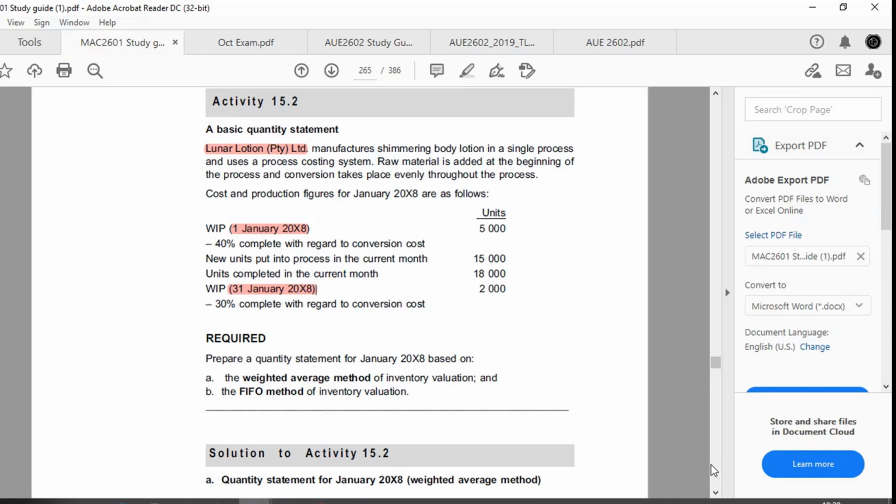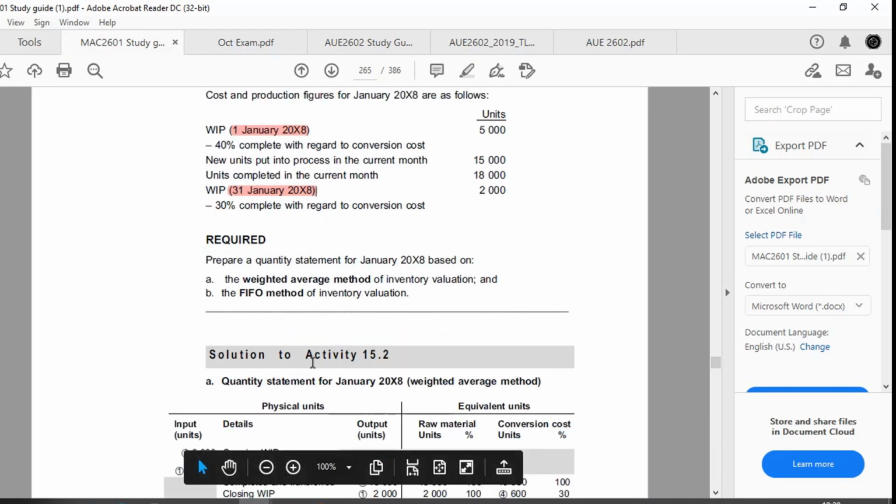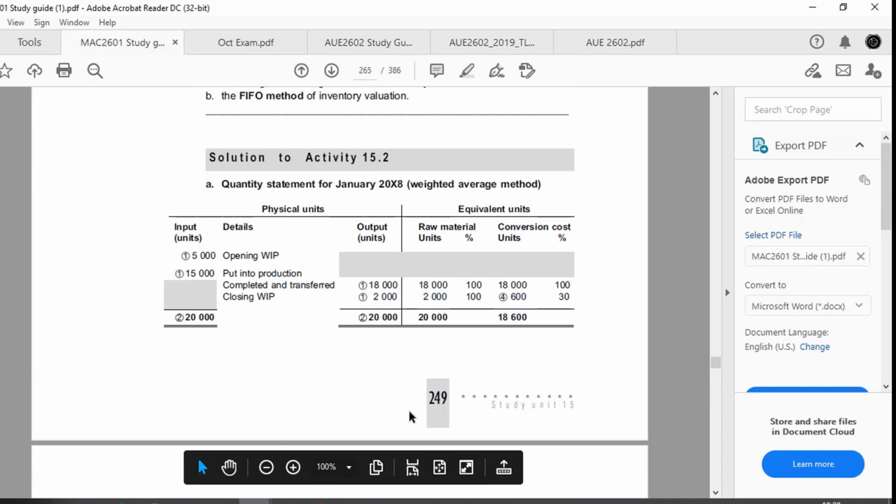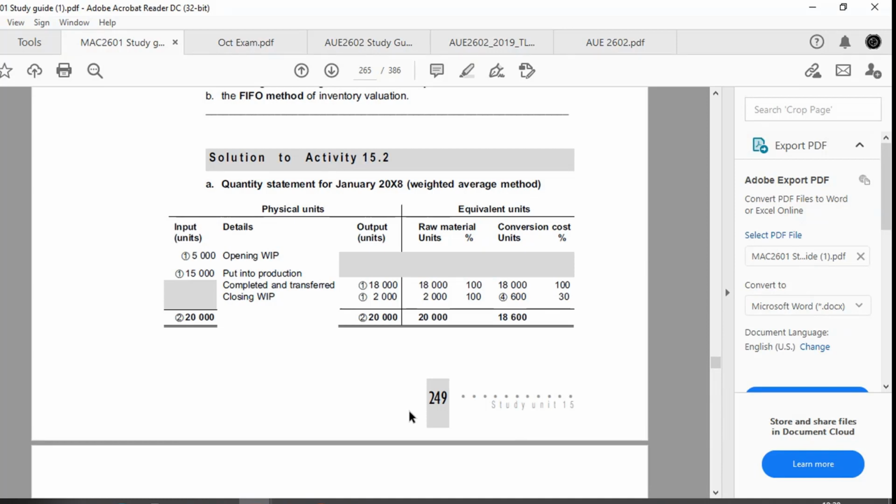So then with raw material, because they said the material is added at the beginning of the production process, it's 18,000 units, 100%. Conversion is also 18,000 units, 100%, because it's the weighted average.